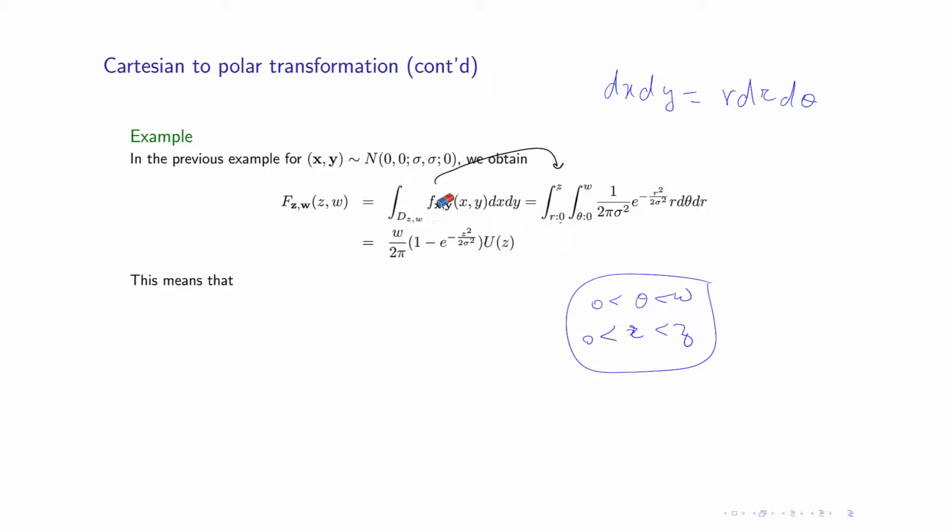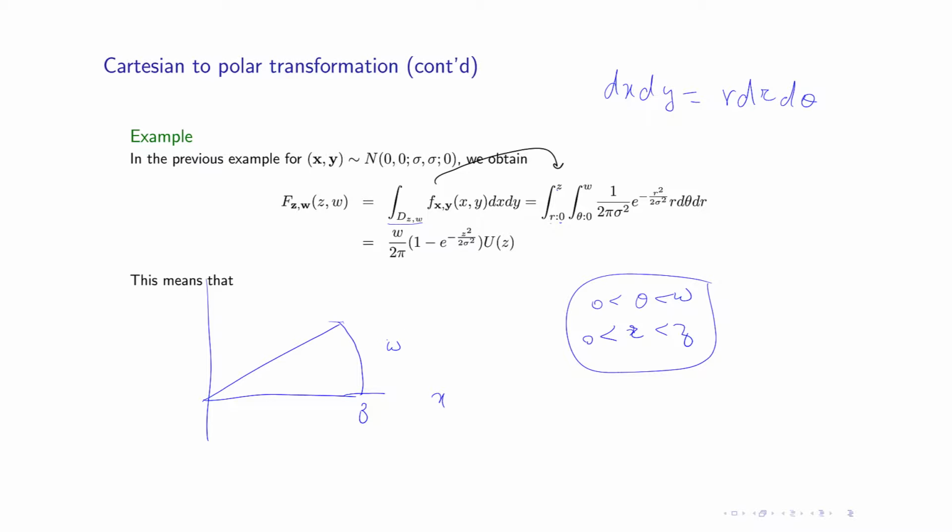I was also able to do the integration over x and y. So in this area, this is my x, here this is z, and this is the radius. What could I say depending on the values of w?